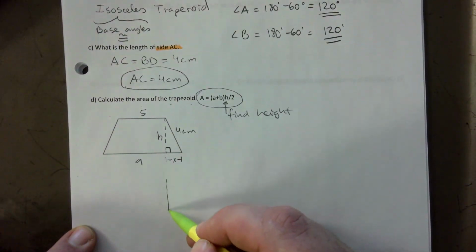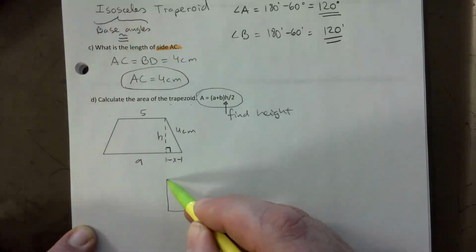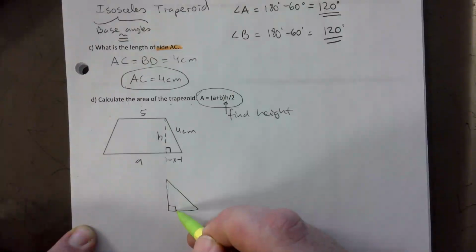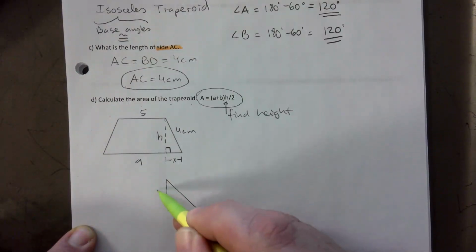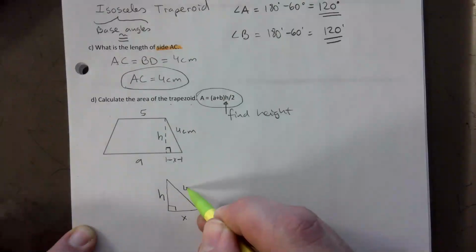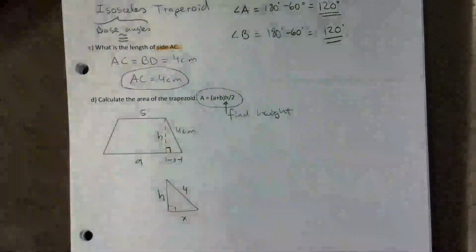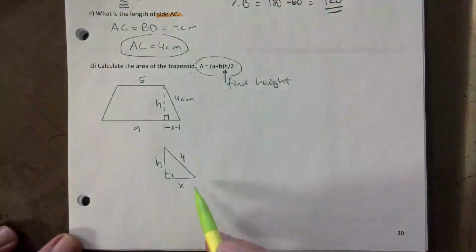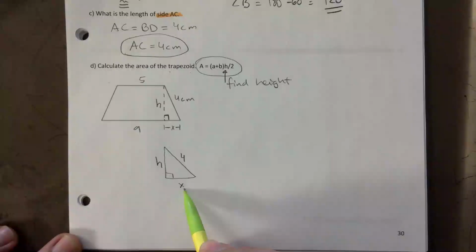So let's cut that one out. Put x here, h there, 4 there. It's a right angle because it's the height. How can I find x? There's a way to find x here.